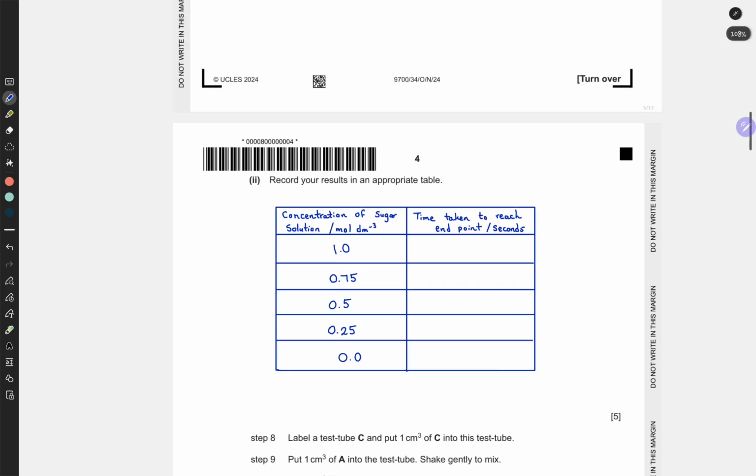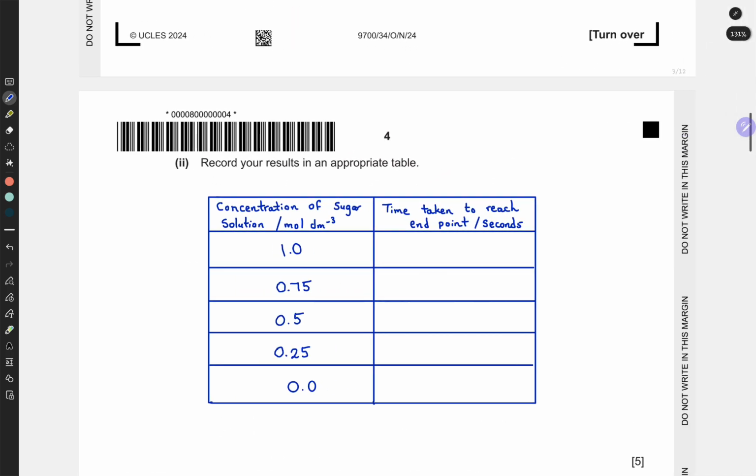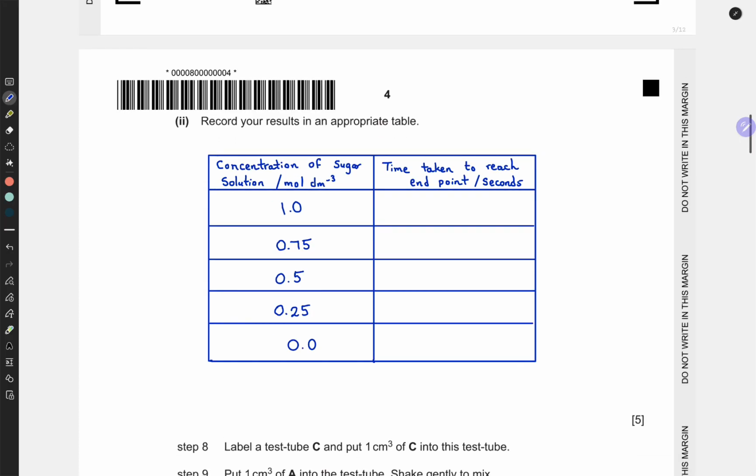Then of course, the trend will be, if the concentration of sugar is higher, then it will take less seconds to reach the end point. And if the concentration is decreasing, then the time taken to reach the end point will increase. So for example, 1.0 concentration will take 100 seconds.